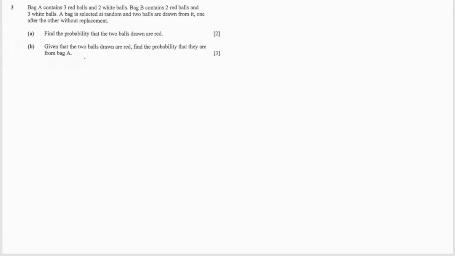All right, so today we have a probability question. What we should do with probability questions is try to understand first the variables that we're working with and the conditions that we're working with.